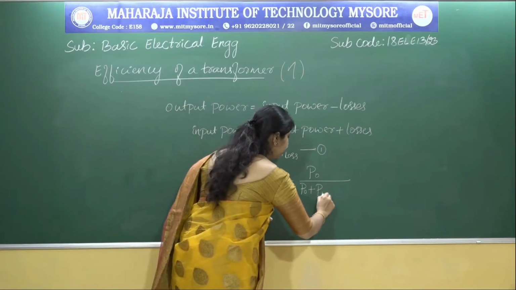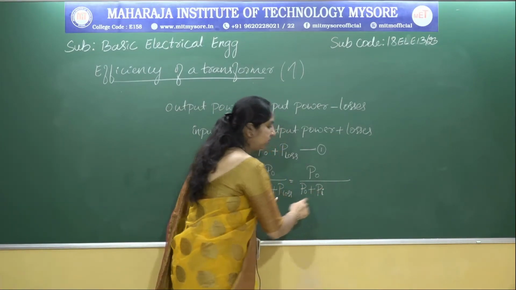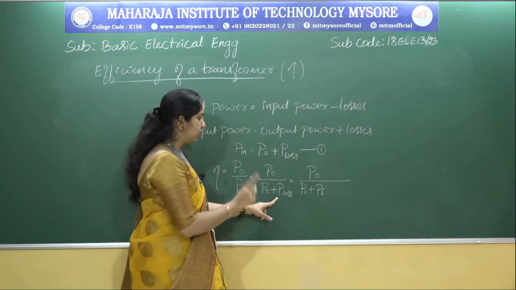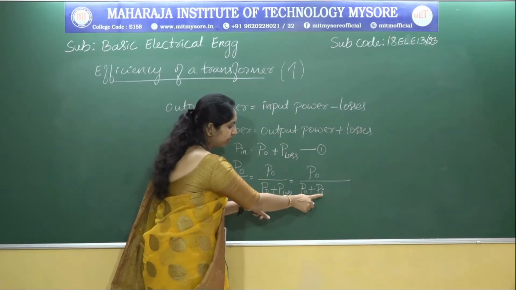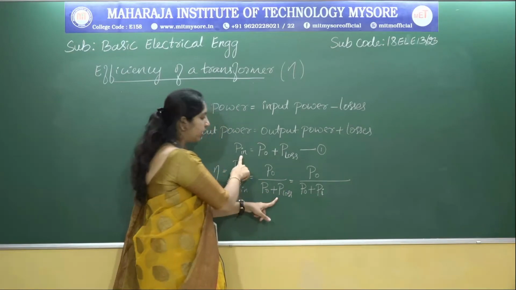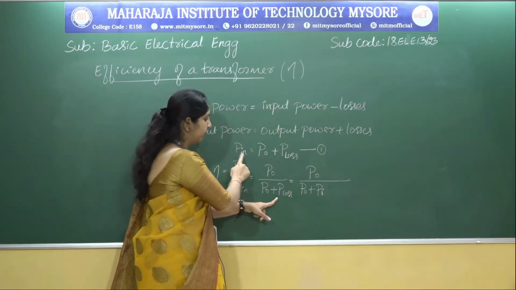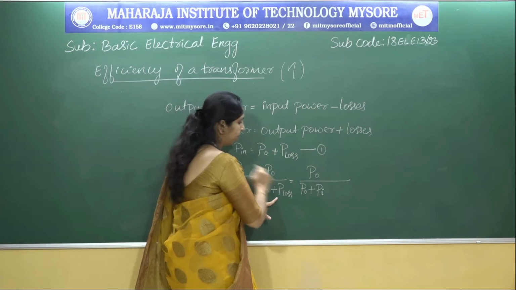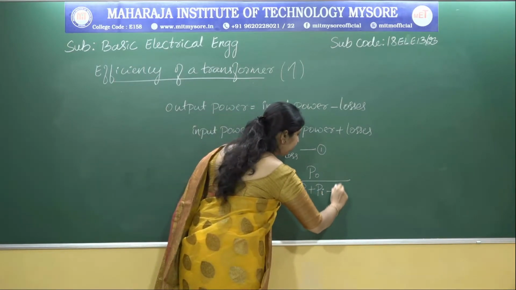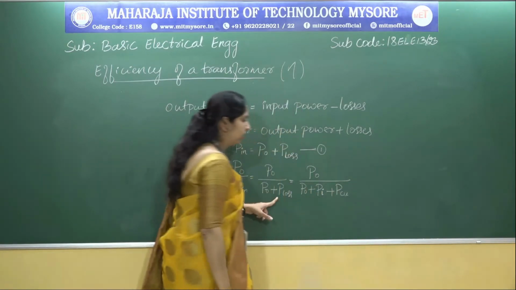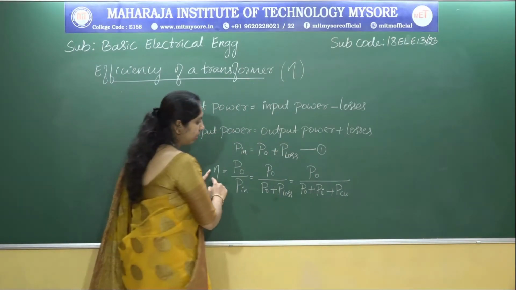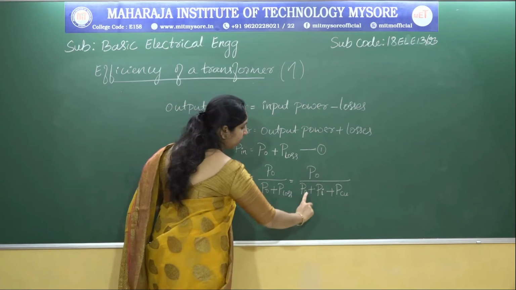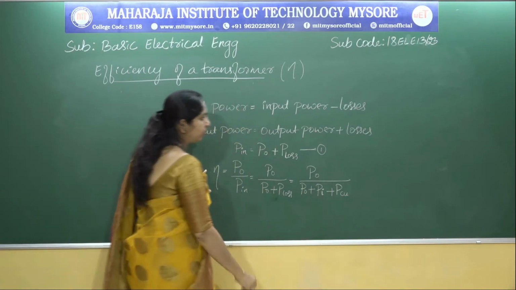One we call the iron loss, which we represent as Pi. Don't get confused between P in and Pi: Pi is the iron loss and P in is the input power. The other is the copper loss, PCU. So we have efficiency as P naught divided by P naught plus Pi plus PCU.